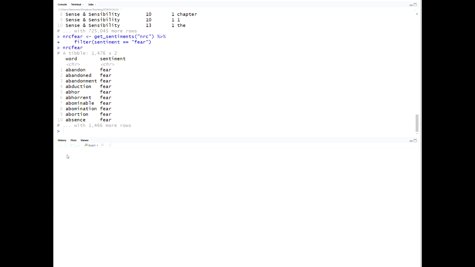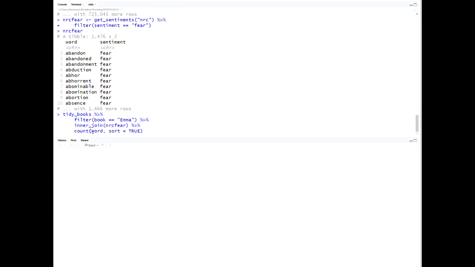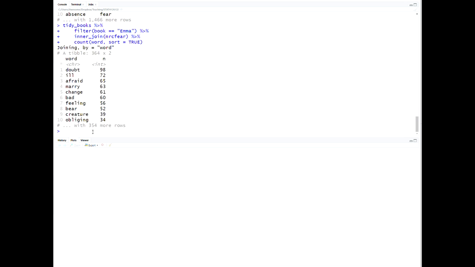Now let's look through maybe the book Emma. We will inner join. That means we will take the words that are in both lists and then count them by word. So we will pick out all the words that are associated with fear in the book Emma and count those. And here we get what we have. So the word doubt is associated with fear, and it appears 98 times in the book Emma.